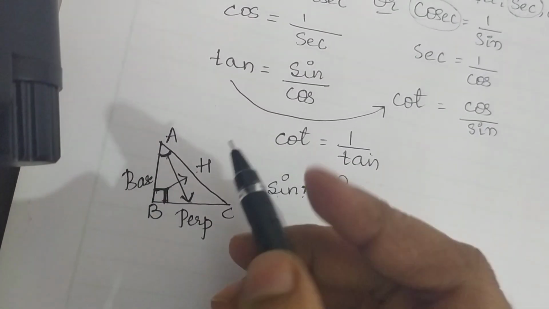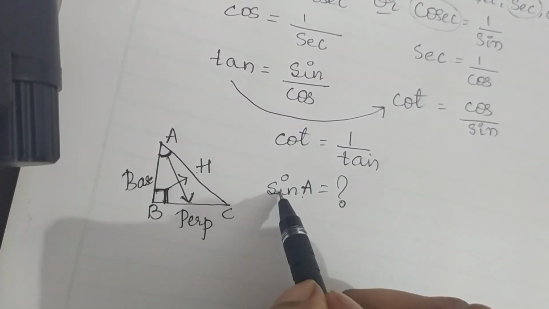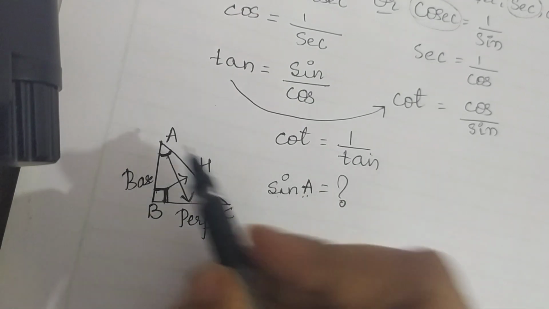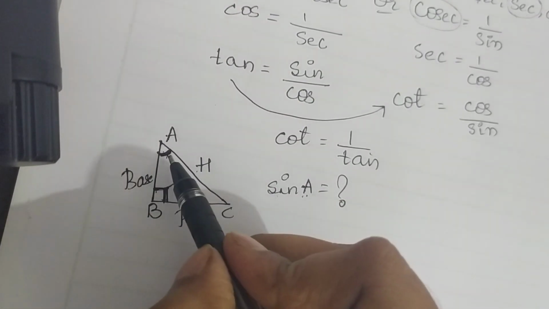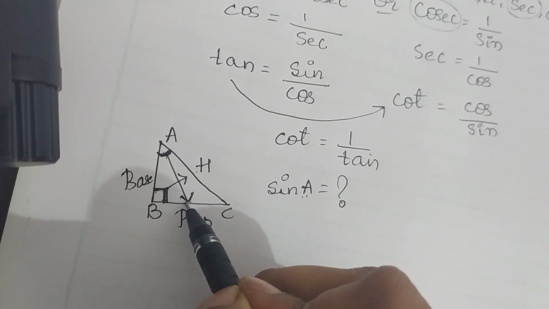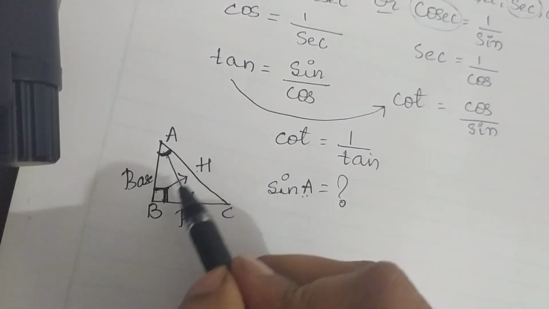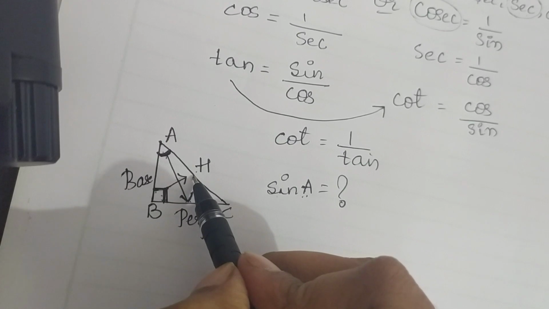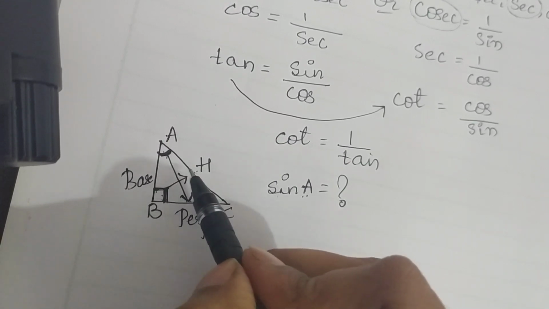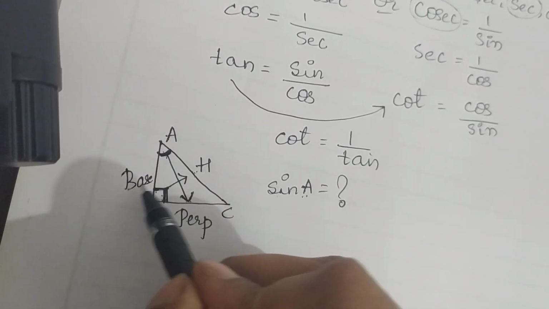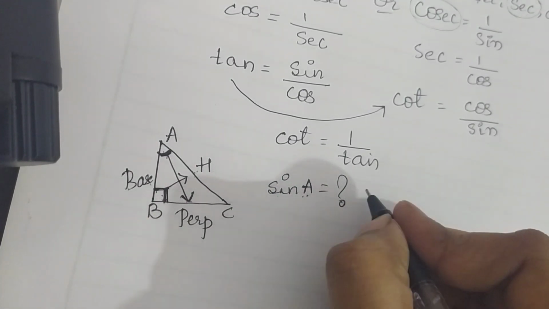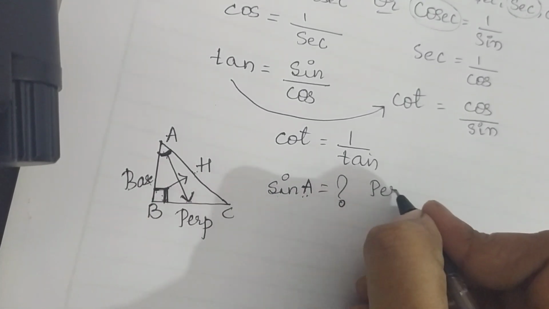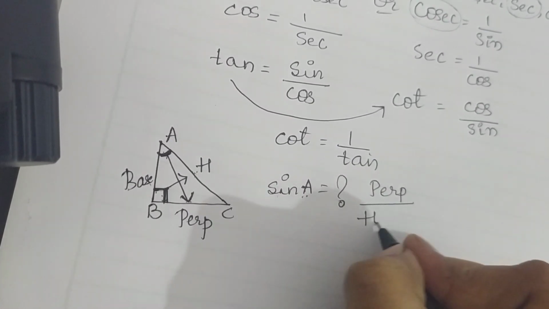One idea I am telling you: whenever they ask about sine A, put a mark at angle A, and opposite of this will be your perpendicular, and opposite to 90 degrees will be the hypotenuse. Then the remaining one will be the base. Sine is always perpendicular upon hypotenuse.